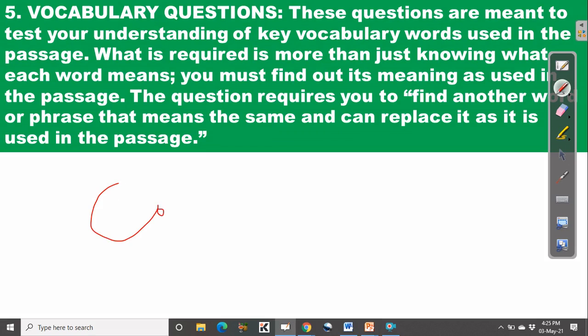From the word context, you have contextual synonyms. Of course, you know that synonyms are words nearest in meaning. So, contextual synonyms.